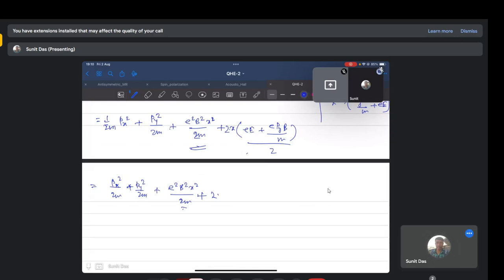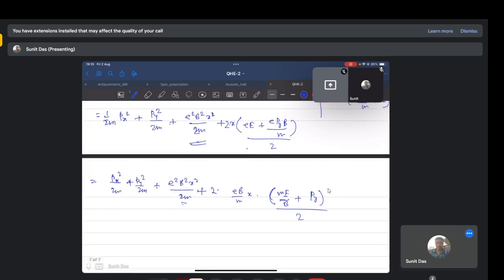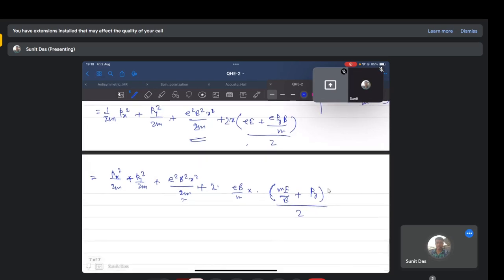So I want to have, I'll take common eB by m, and then x into, so e by mB will be there, or rather this will be mE by B. This will be simply py, right? And then divided by 2. That is the case. Yeah, so that is the point.